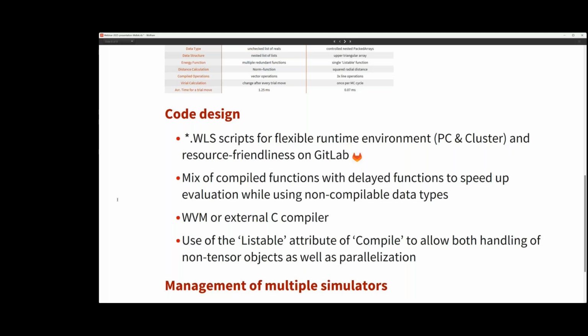At the moment, the code itself is a mix of compiled functions with delayed functions in order to speed up evaluation while using non-compilable data types, where we use either the Wolfram virtual machine or an external C compiler. And last but not least, we use the listable attributes just to facilitate the handling of non-tensor objects, as well as allowing the function to run in parallel.